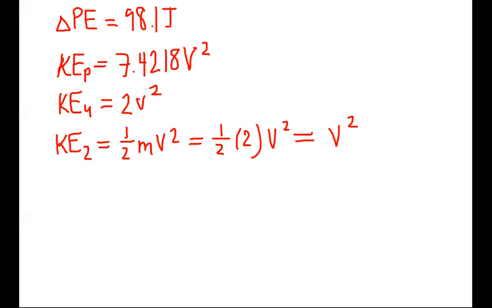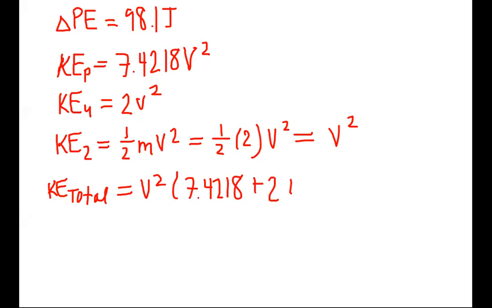Now, as we know that the total kinetic energy is equal to the change in potential energy, we can add these together. So we have v squared times 7.4218 plus 2 plus 1. So this is just the sum of all of my kinetic energies from this problem. And that is equal to 10.4218 velocity squared.